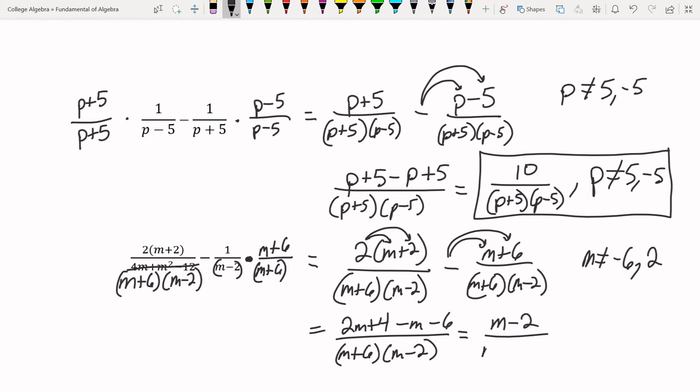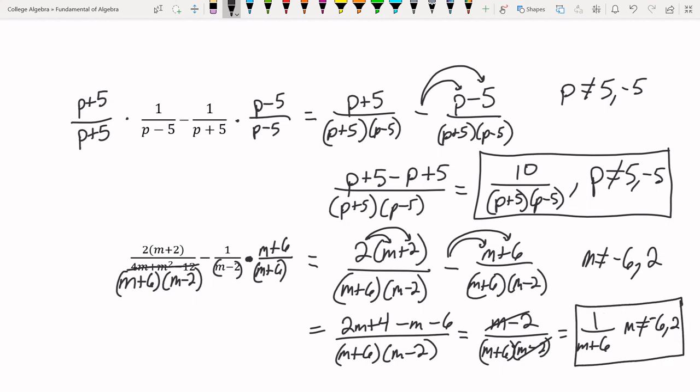Yep. Over (m plus 6)(m minus 2). And you see the m minus 2's cancel, giving us 1 over m plus 6, where m does not equal negative 6 or 2. And there is our simplified subtraction of rational expressions.